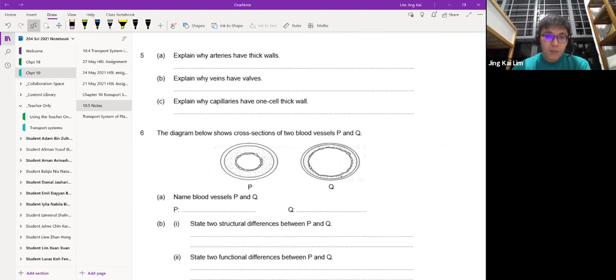Question 5. Explain why arteries have thick walls. Like I say over and over again, the job of the arteries is to allow the blood to flow from the heart to the rest of the body.